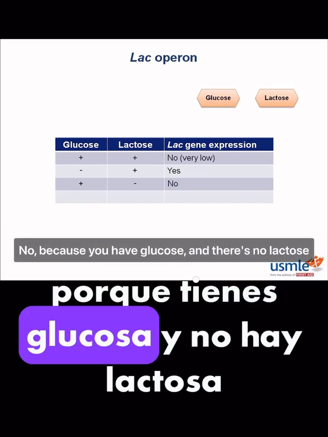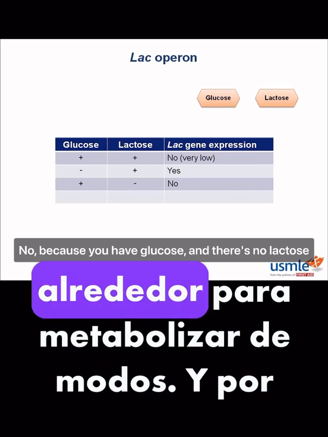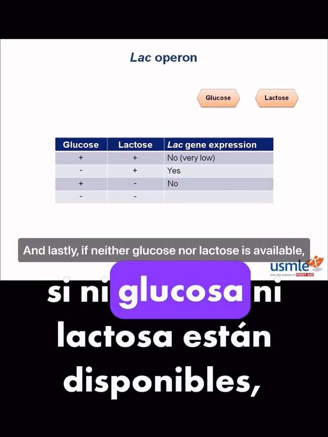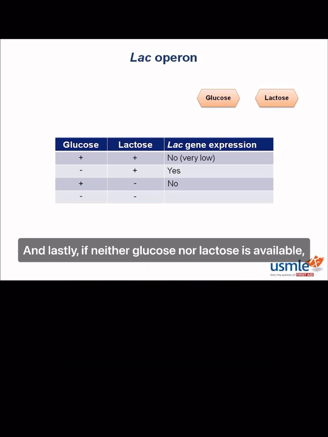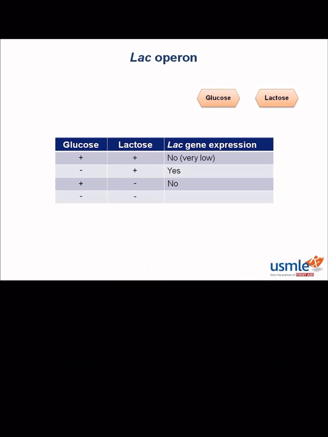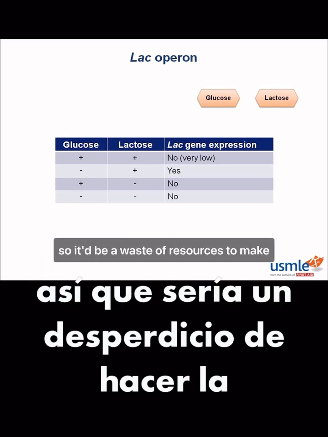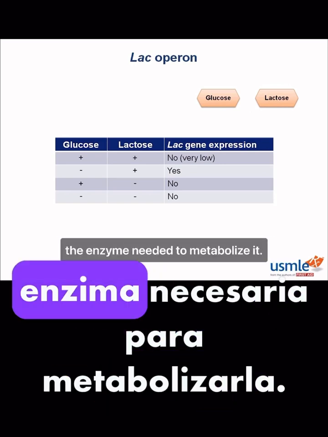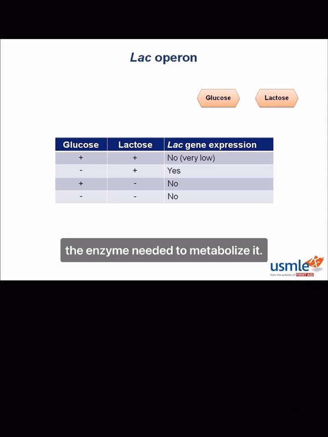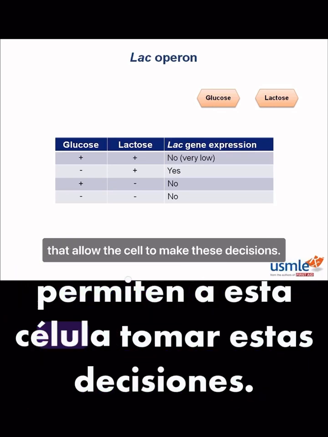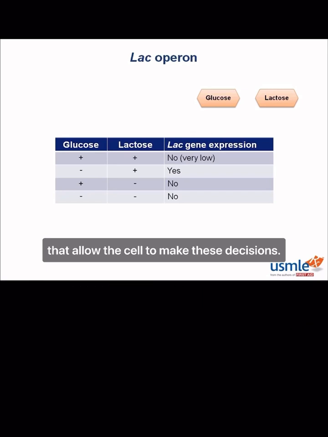No, because you have glucose and there's no lactose around to metabolize anyway. And lastly, if neither glucose nor lactose is available, what do you want to do? Well, again, there's no lactose available, so it'd be a waste of resources to make the enzymes needed to metabolize it.